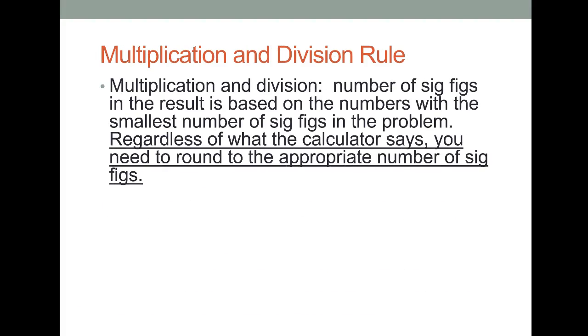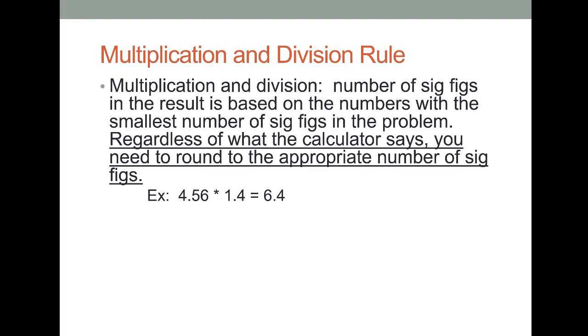Multiplication and division, the rule is the number of sig figs in the final answer is based on the number with the smallest number of sig figs in the problem. Whatever the calculator says, you're going to have to round to the correct number of sig figs.